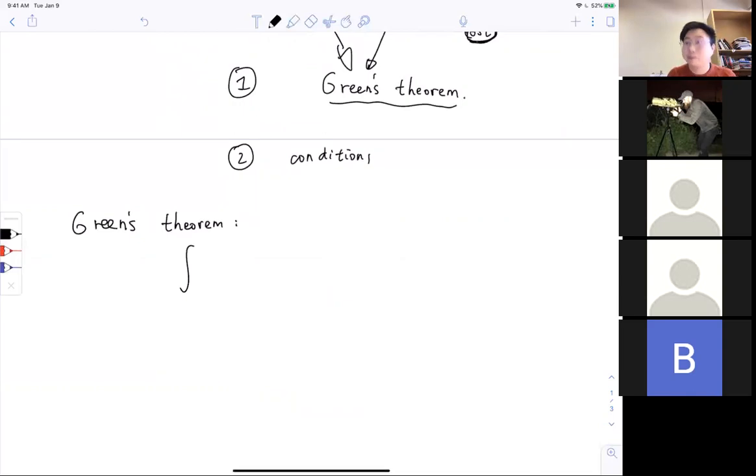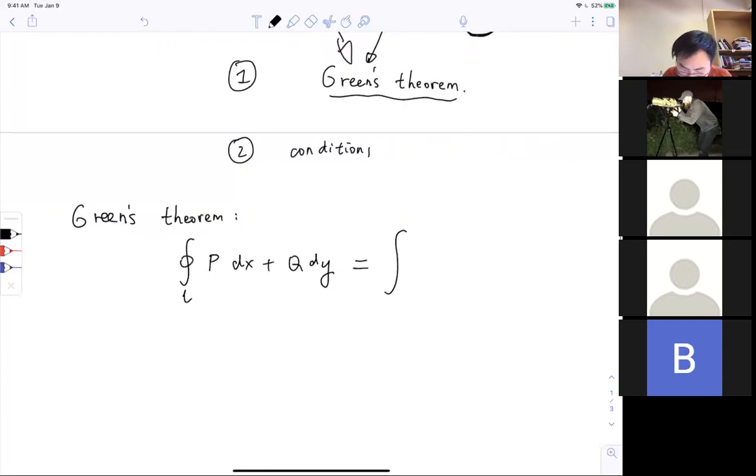This line integral, which is also over a closed loop, is equal to an area integral.